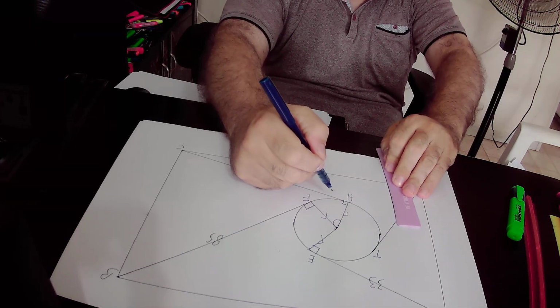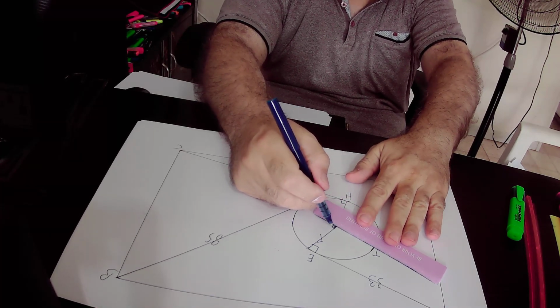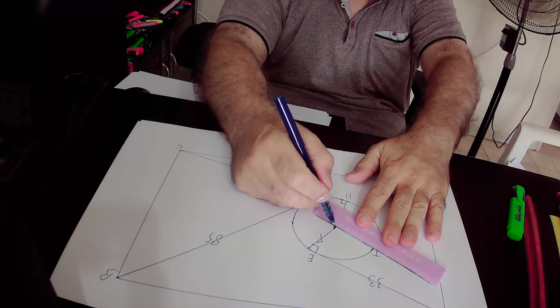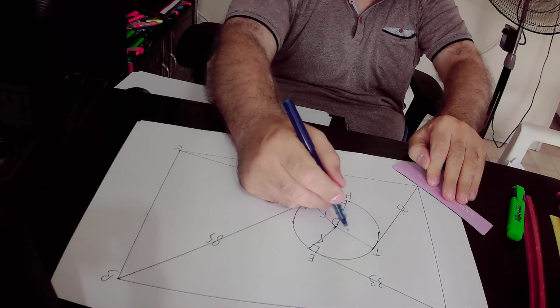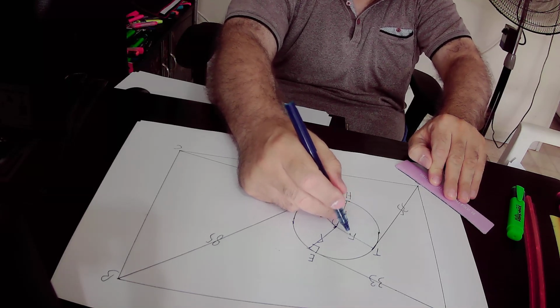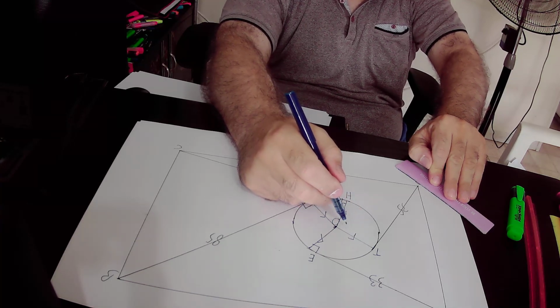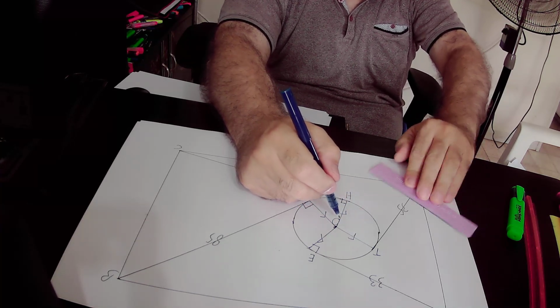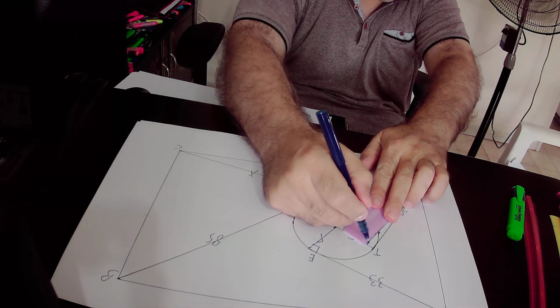And finally, we join points O and T together by a straight line. Again, point O is the center of the circle, point T is a point on the circle itself, therefore OT is the radius of the circle that is equal to R. And we have the radius OT that is drawn to the point of tangency, therefore, according to rule number 1, this angle will be equal to 90 degrees.